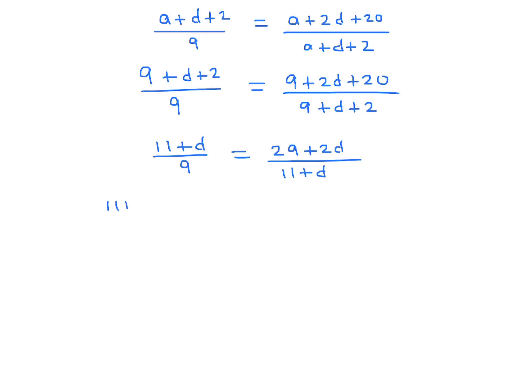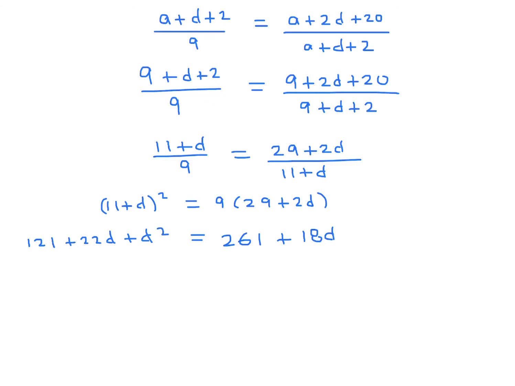Cross multiply and you get 11 plus D squared is equal to 9 times 29 plus 2D, like that. So 29 times 9 is 261, and then 9 times 2D is 18D. This becomes 121 plus 22D plus D squared.